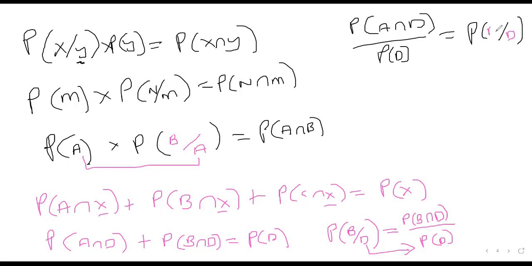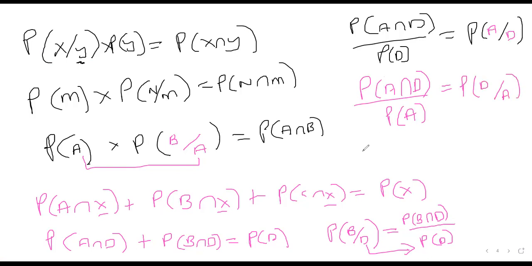Then here I'll just put A. Suppose I had A intersection D divided by what? A. Let's maintain the same pattern. Which letter comes down? A. Then on top, I'm going to have a D. All right?